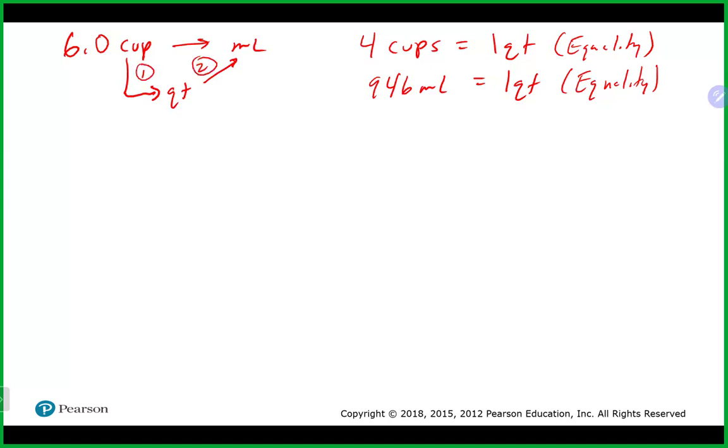So once again, if it's helpful, you can lay out all your possible conversion factors, which once again, you probably won't use all of them. So we could have 4 cups over a quart, or 1 quart is 4 cups for some conversion factors here.